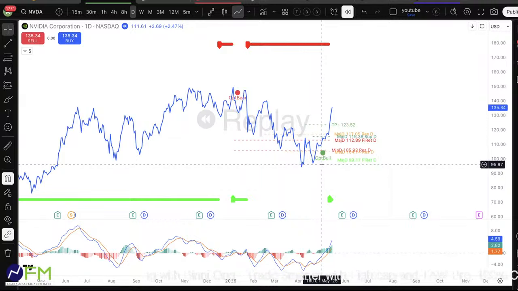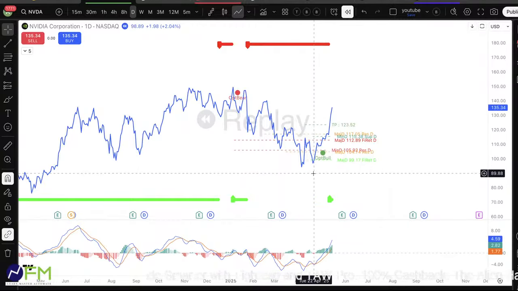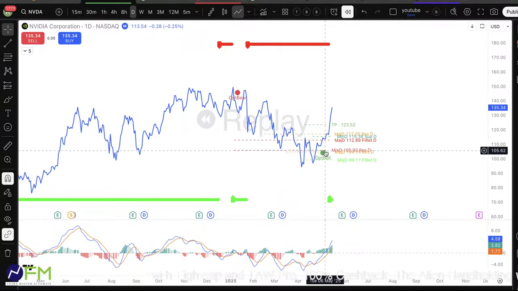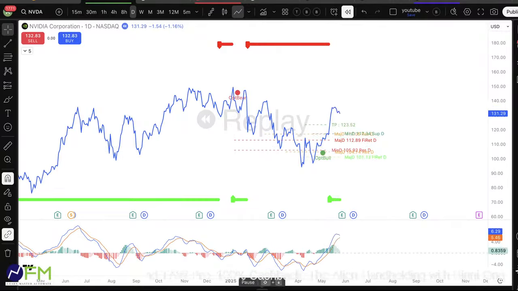So we can have a success rate of 70%, but if you take a look at how much it can move, that is really very important. For example, Nvidia had a signal here, and you see that from here it just keeps moving higher and higher and higher.